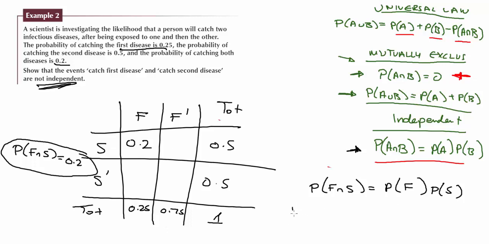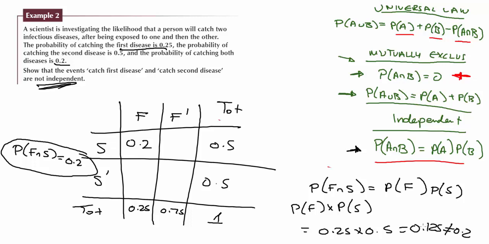But let's do the probability of F times the probability of S. Well, F is 0.25, S is 0.5. If we multiply those together, we have 0.125, which is not 0.2. So it's not so simple as that. We've shown that this doesn't hold, therefore it's not independent.